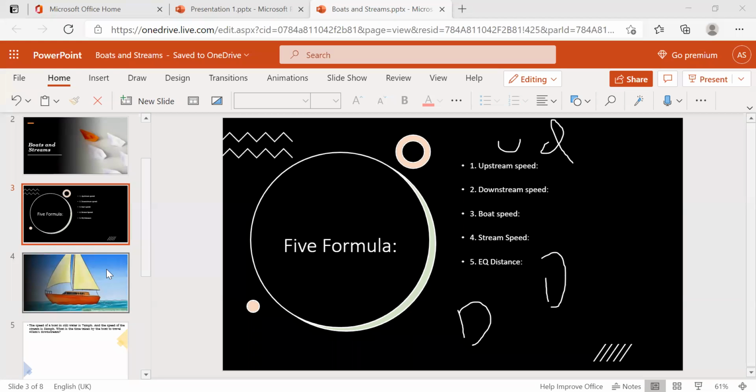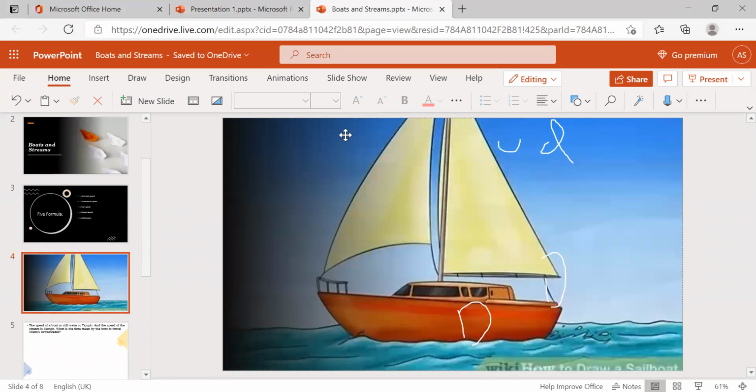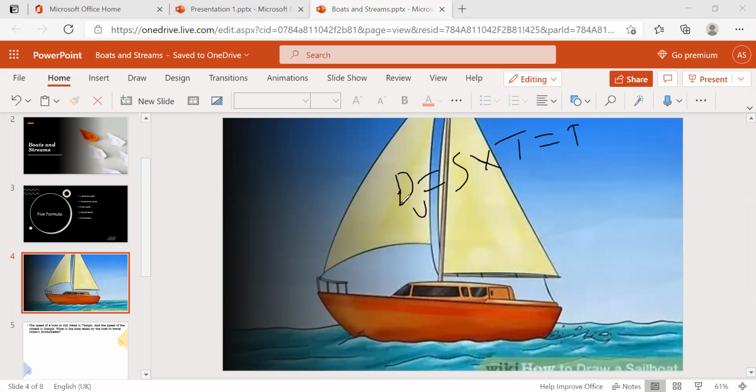Just go here. See, distance is equal to speed into time, right? Speed into time. And in both conditions, it is the distance in upstream and the distance in downstream.